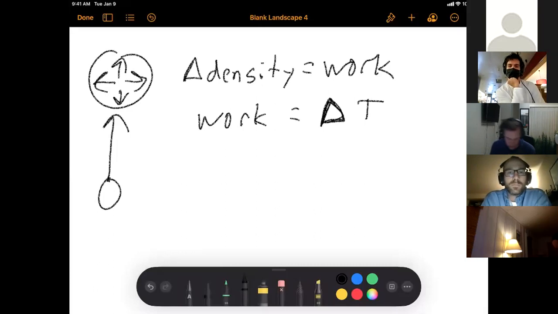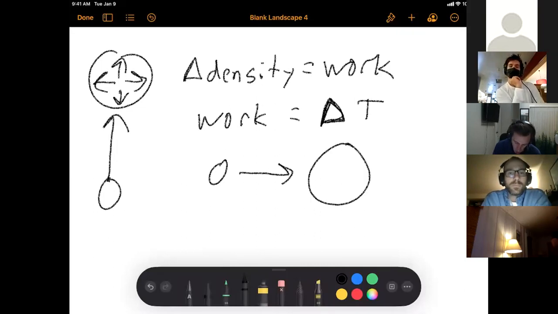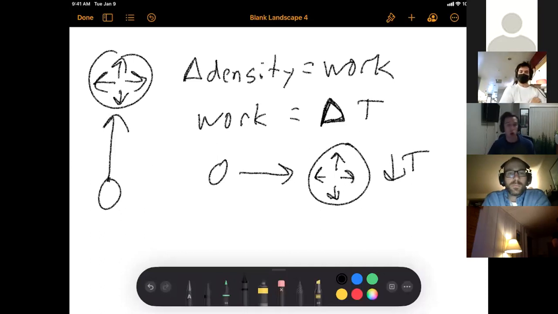And so basically, anytime we have this parcel going from smaller to bigger, the work that gets done to expand it decreases the temperature. And a good question to ask is maybe, why does it not cool the air around it? Why does it only cool this parcel? Why do we call it a parcel? Why is it isolated?